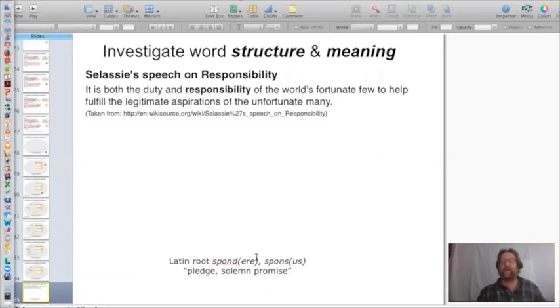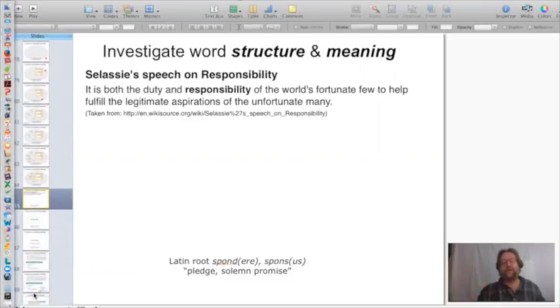And I think that's a really lovely notion. And we know about the word sponsor now, and all these other words that we've encountered. So we get to deepen understanding of the Selassie speech by diving into this.